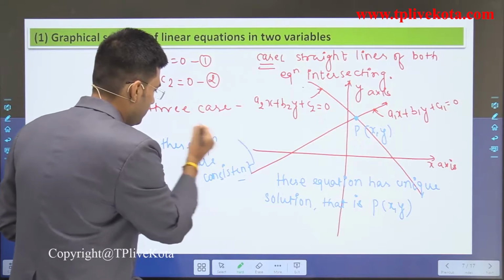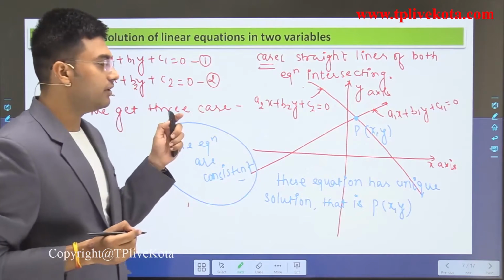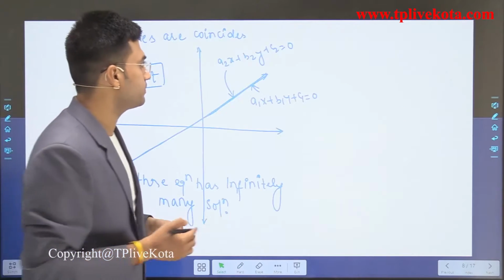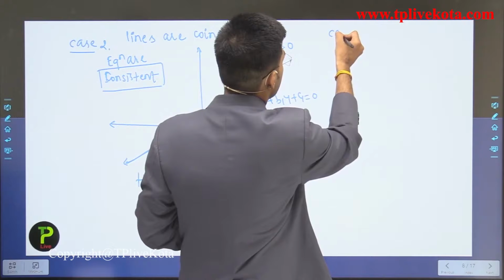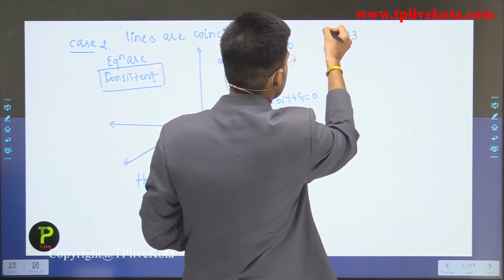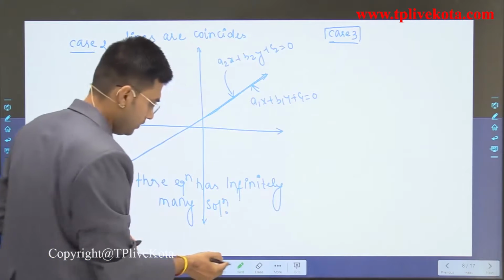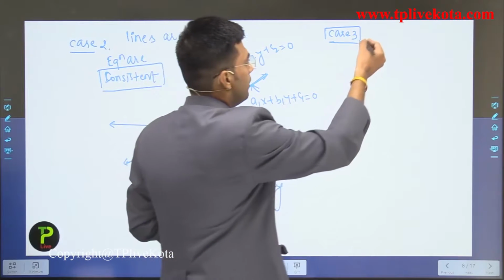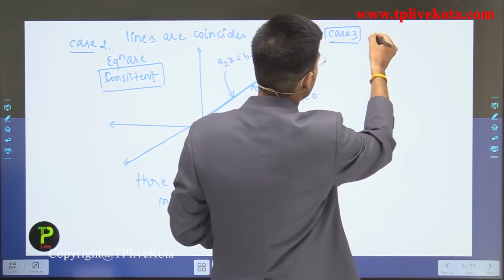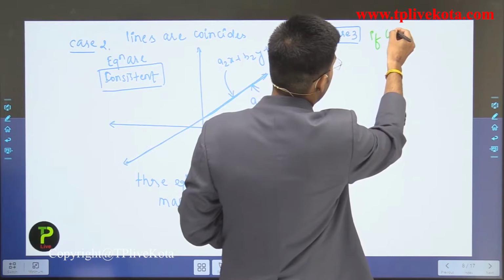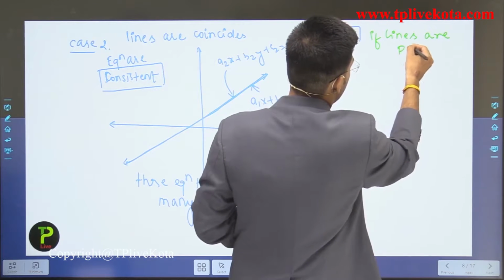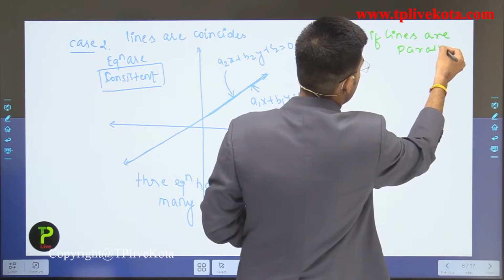Okay, so now after case 1 and case 2, the next is case 3. Now case 3 is if lines are parallel.